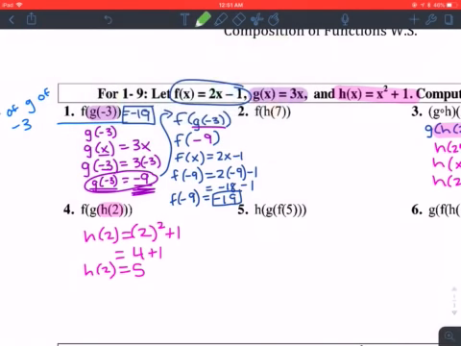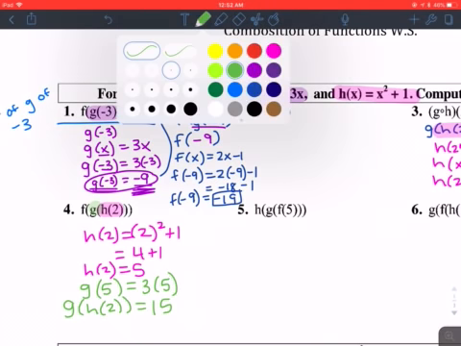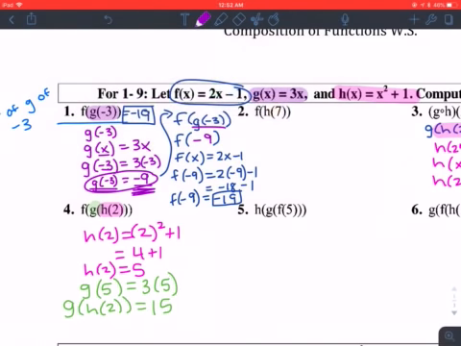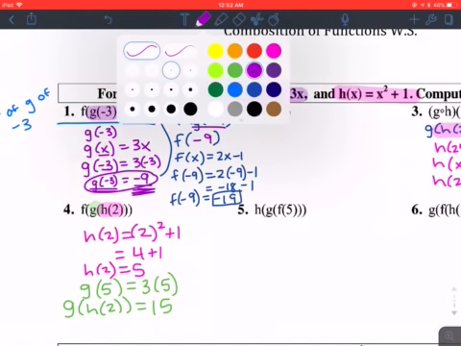Alright, now I'm trying to find g of h of 2. So for g, h of 2 is 5, so I'm plugging in a 5. And my g of x is 3x, so I have 3 times, in place of x I'm putting a 5. So this tells me g of h of 2 equals 15. Alright, and then finally, we are going to find f of 15.